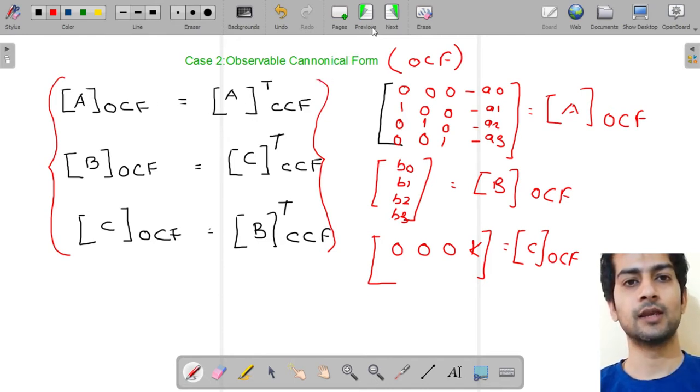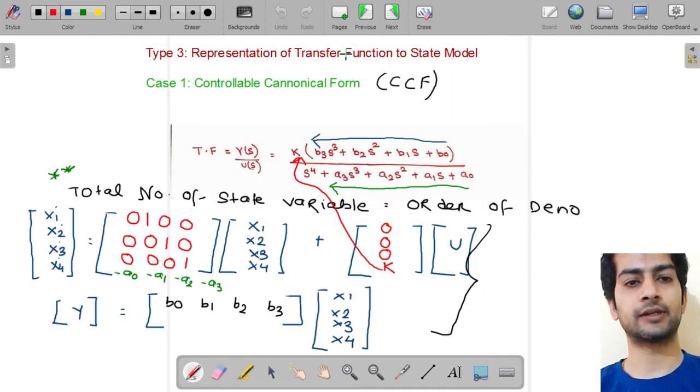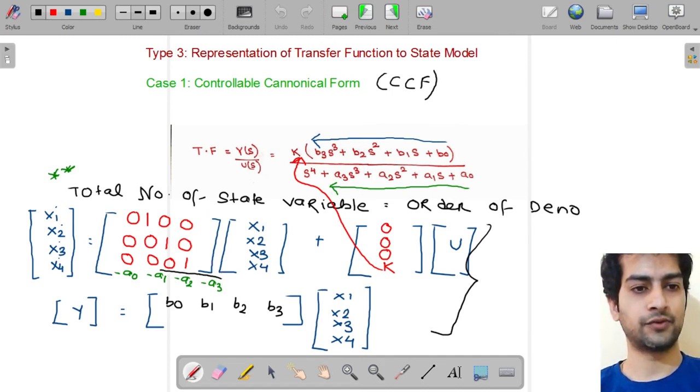Simple. See, two important points. If I talk about CCF, in the last row we are getting the coefficients of the denominator.